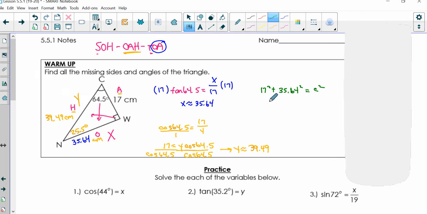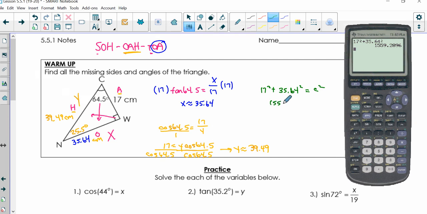That would have given me 1559.21 equals c squared. Take the square root. So when I take the square root of this answer, I get that c is about 39.49.